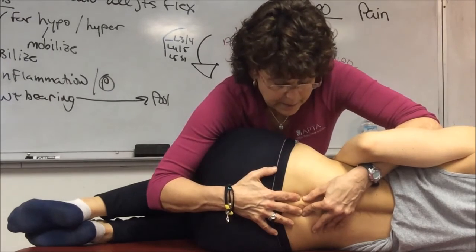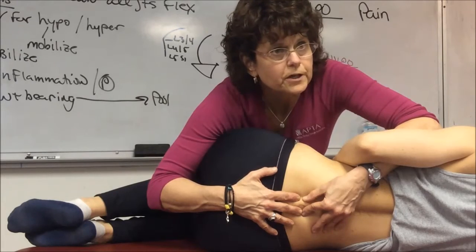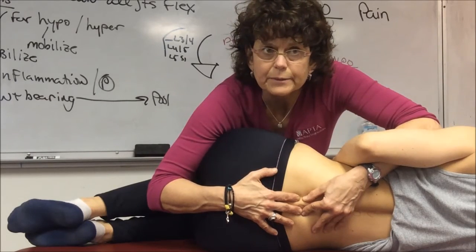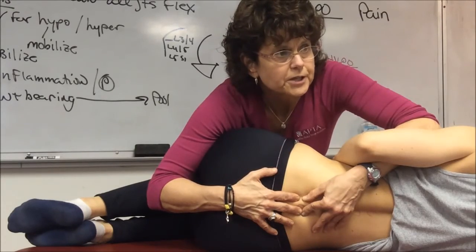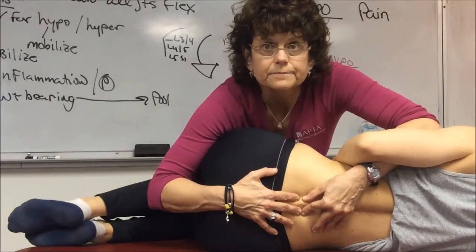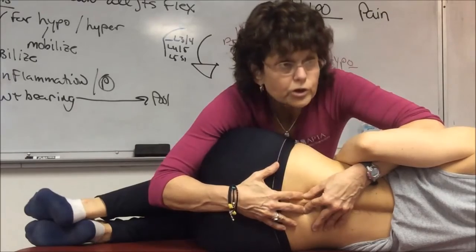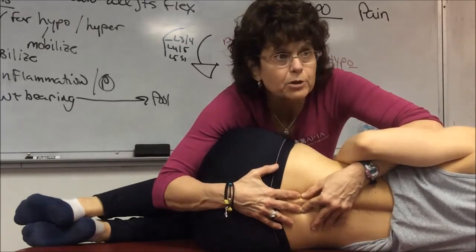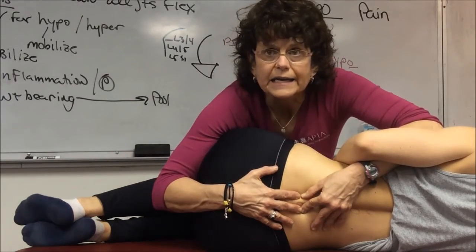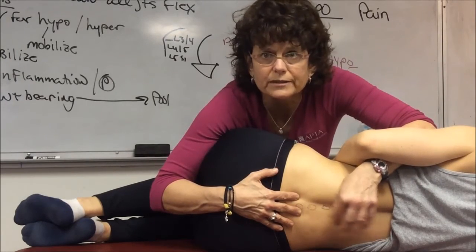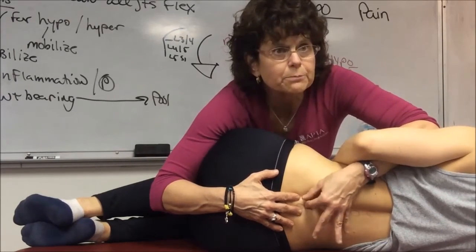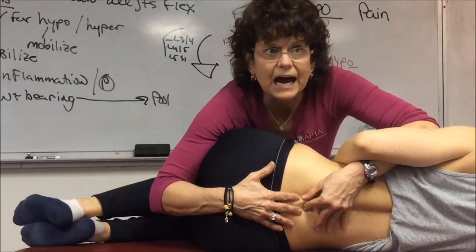I'm going to lay my index finger and my middle finger on the lamina on either side of the spinous process of L5. And I'm going to do the best I can to stabilize from above, and instead of pulling this up, which I really am going to have trouble doing, I'm going to actually pull the bottom bone down.